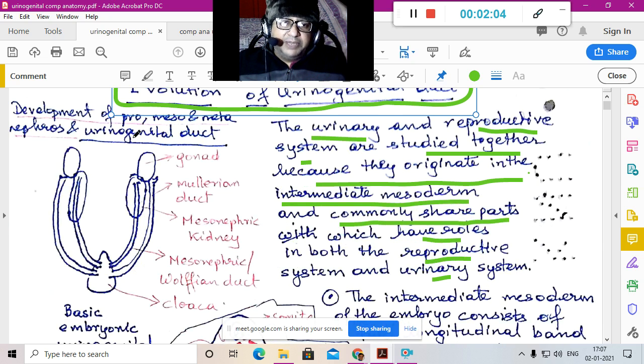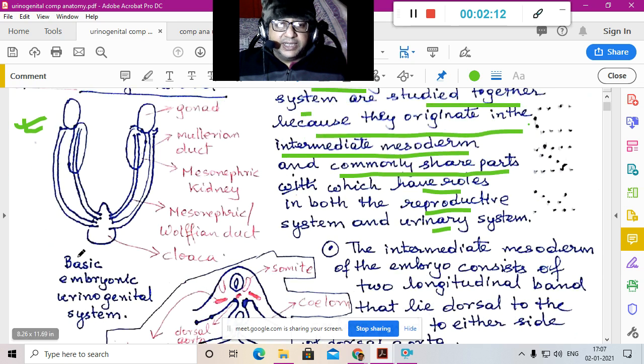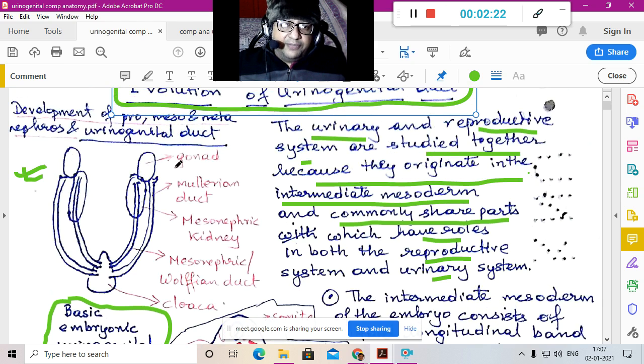So this picture which you see here is essentially a basic embryonic urinogenital system. So you have the gonad, the embryonic gonad.